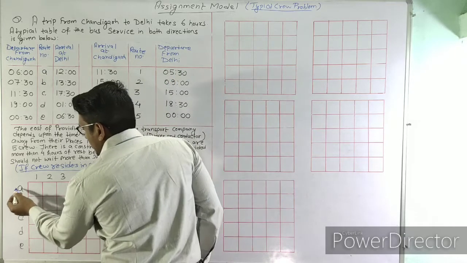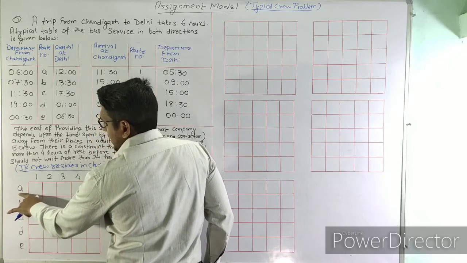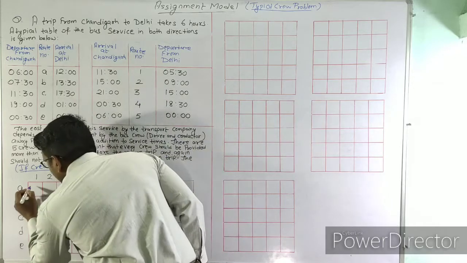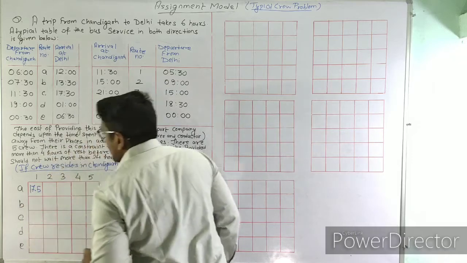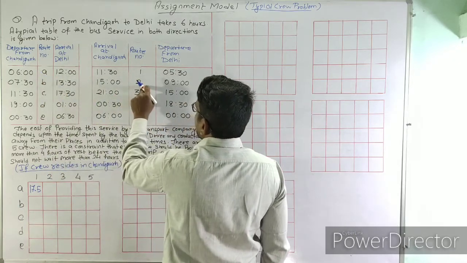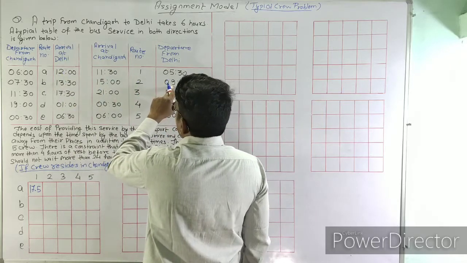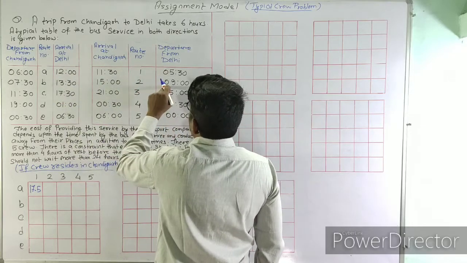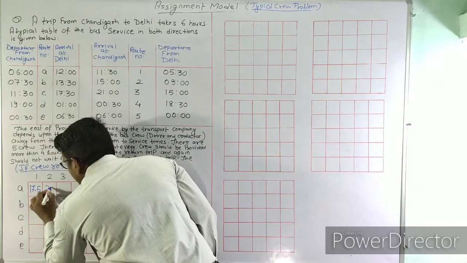So if a crew arrives from route A and departs on route 1, the time spent is 17.5. Similarly, if a crew arrives with A and departs with route 2, that is 12 to 9, so 24 hours minus 3 hours, that is 21 hours. So this will be 21.